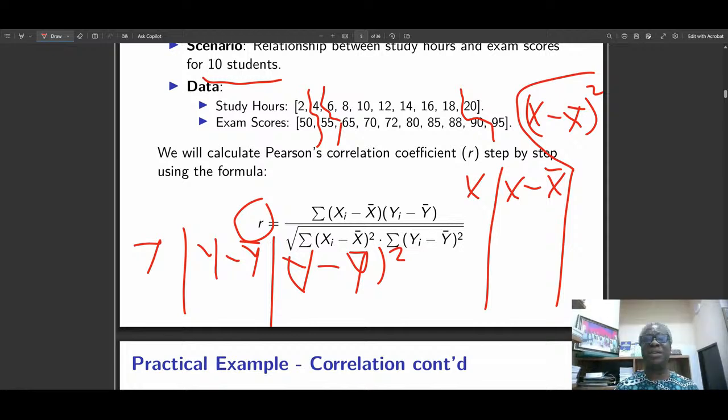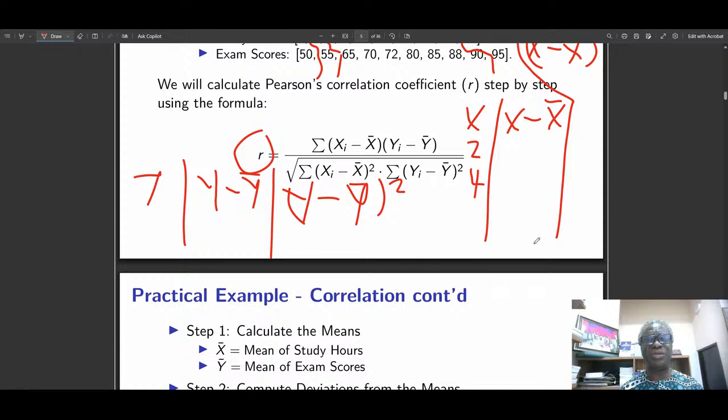For instance, this is 2, this is 4. The first thing is to obtain the mean of x, and then the mean of y. The X bar is the mean of the study hours, and the Y bar is the mean of the exam score.